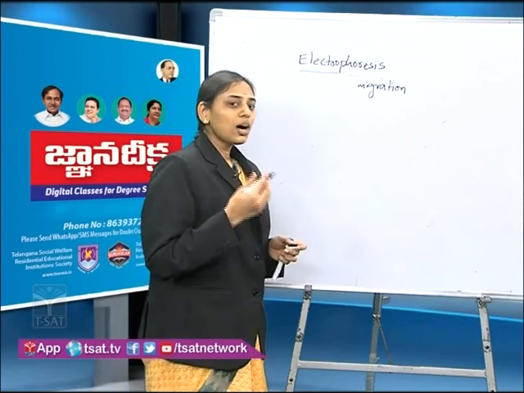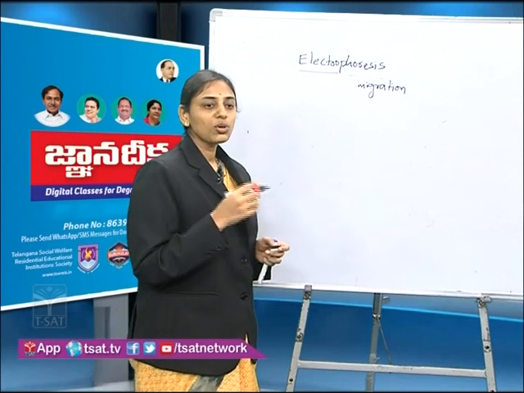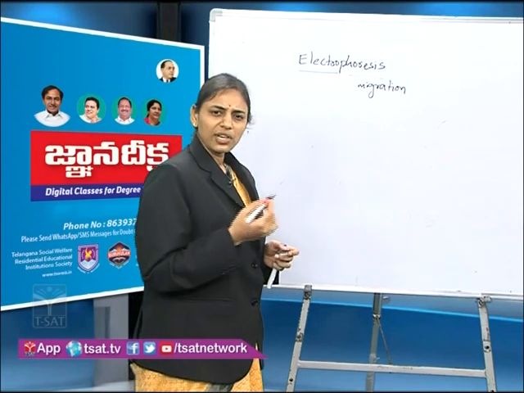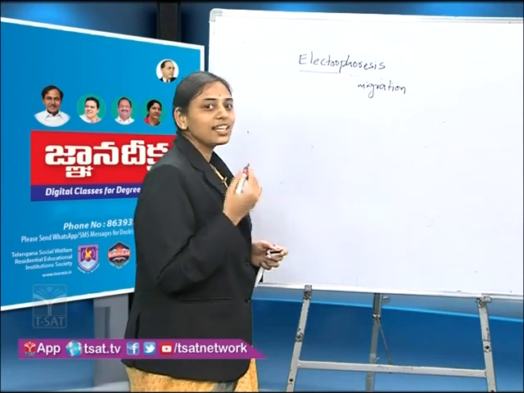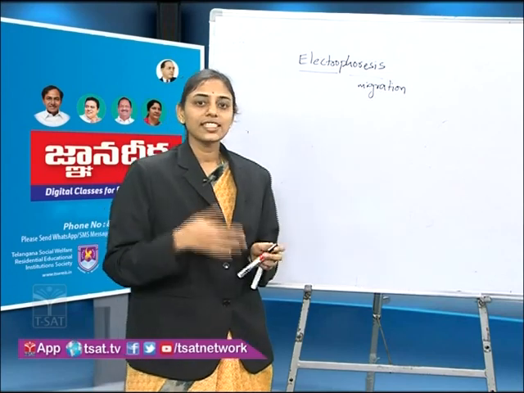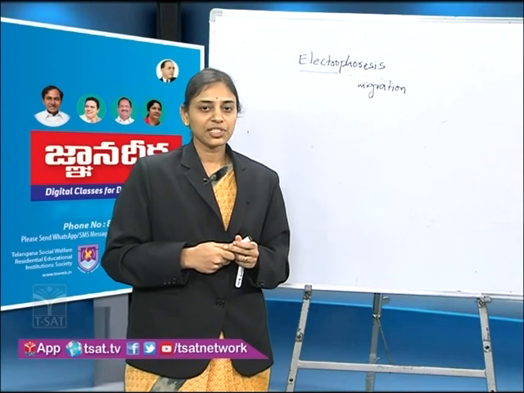So, how are we going to separate them? In order to separate them, those molecules should carry charge on their surface. And why do we need the separation? What is the need of separation? For example, our system is loaded with biomolecules. They each have a specific function.